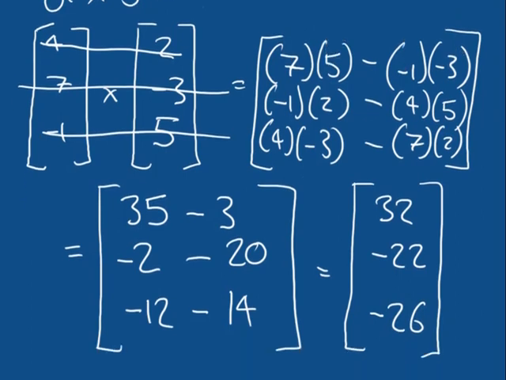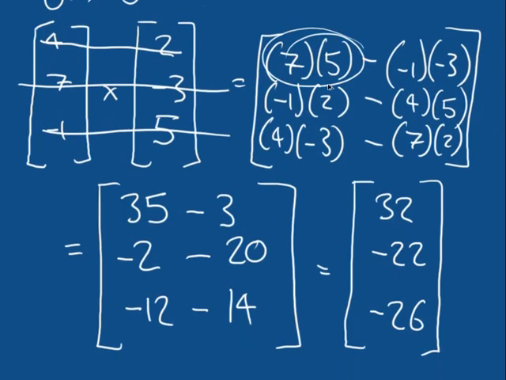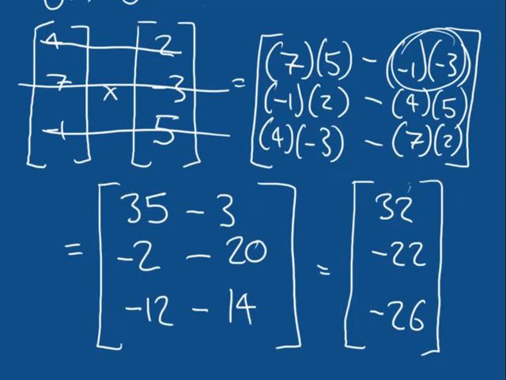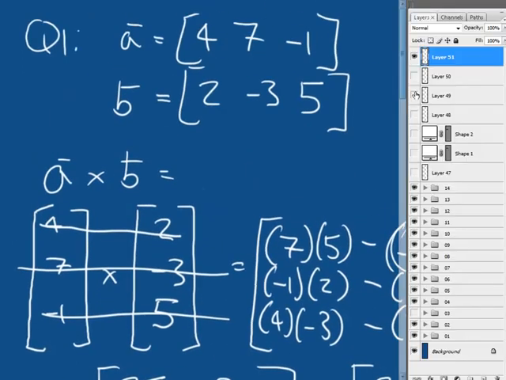If you did that, then just be careful with the evaluation, because it is very easy to make simple numerical mistakes when you are multiplying these numbers together and adding and subtracting them. So just make sure that you double check all your results, because you should be getting the vector 32, negative 22, negative 26.